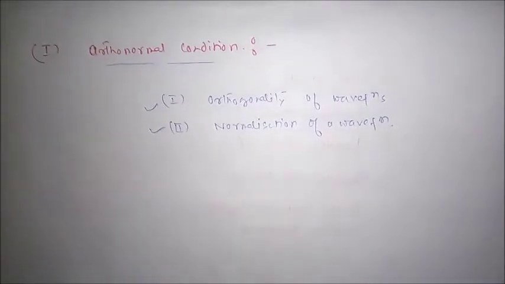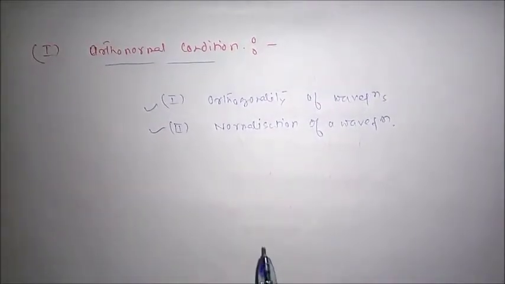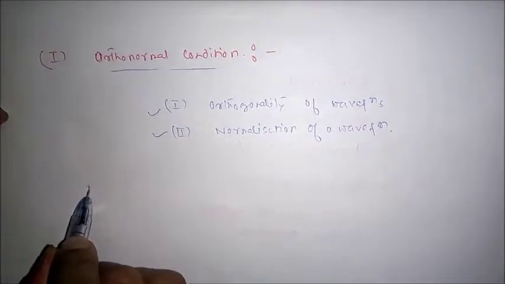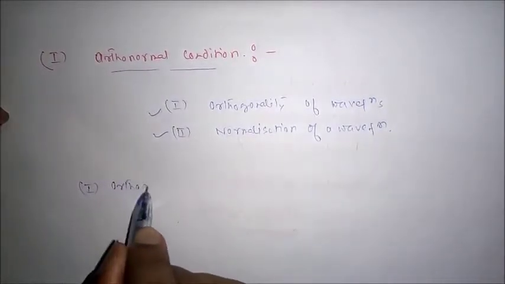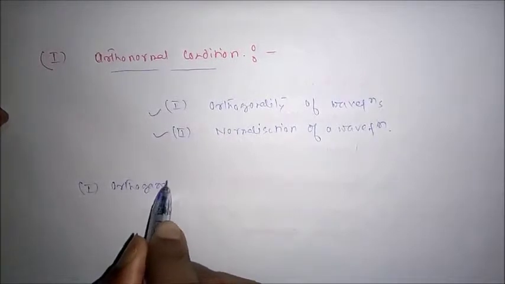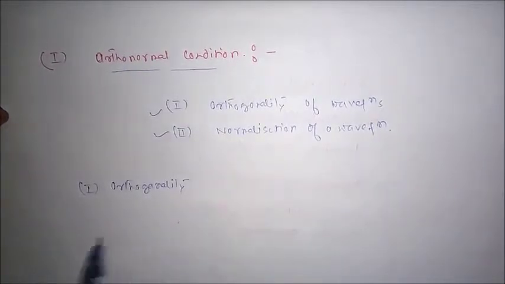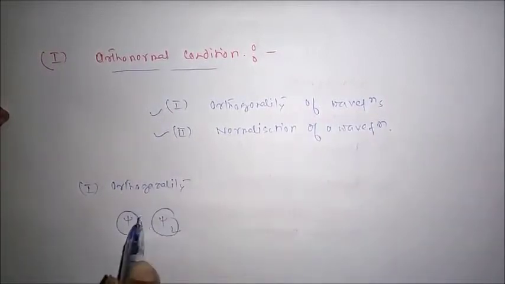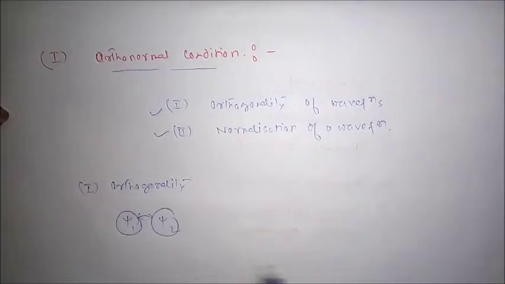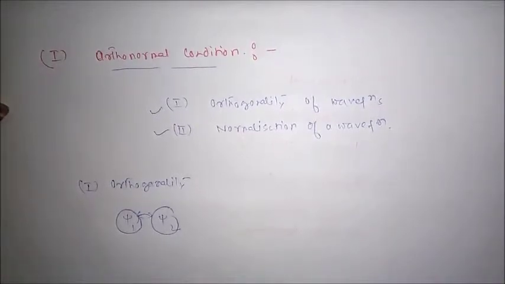Okay, so coming to the first point, orthogonality. So what is orthogonality? Suppose you have two wave functions, psi1 and psi2. These two wave functions are said to be orthogonal to each other if they satisfy these two conditions.